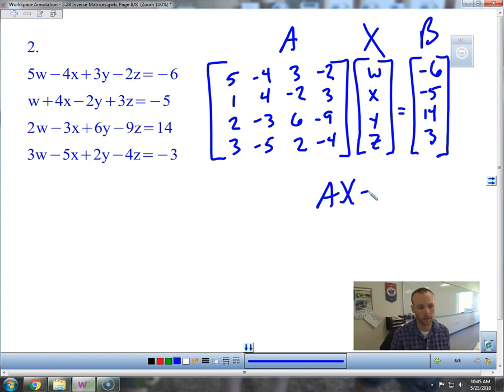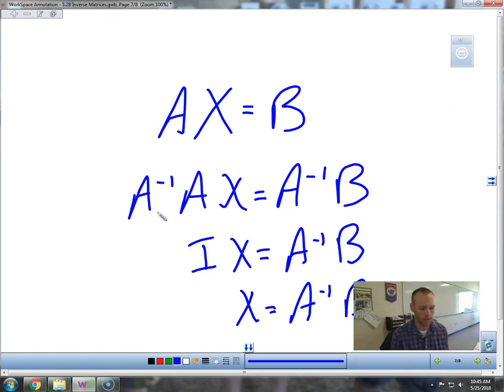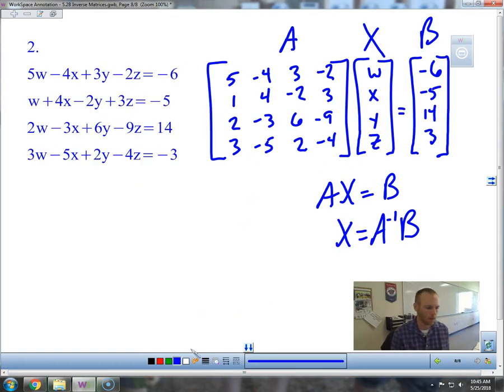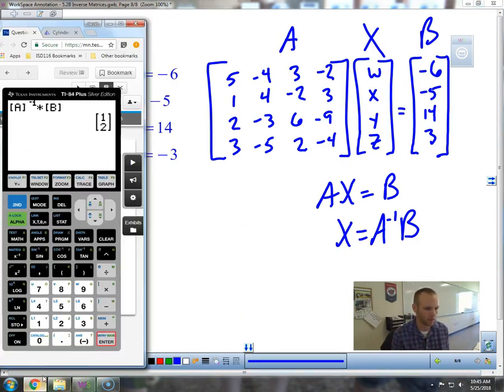We know A times X equals B, so how do we solve that again? We end up with X equals A inverse times B. It's nice when you write this matrix equation, we don't have to do all this work every time because we just know it works. We've done it once already. So I can go right to my calculator here. Let's edit matrix A into a 4 by 4.